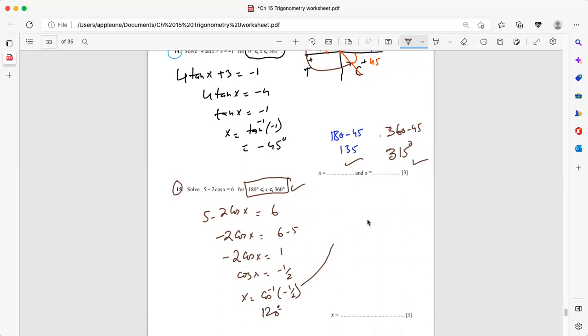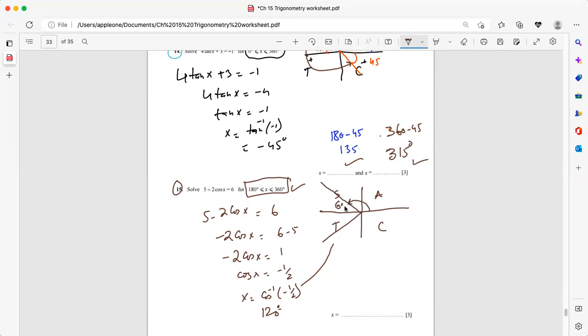Now it means that 120 is not the answer. Come to the ASTC diagram. Look, this is all positive, sine positive, tangent positive, and cos positive. So cos is positive here. It means cos is negative here or here. So if negative here or here, it means we can draw the terminal ray this way. So this is 120, students. 120.